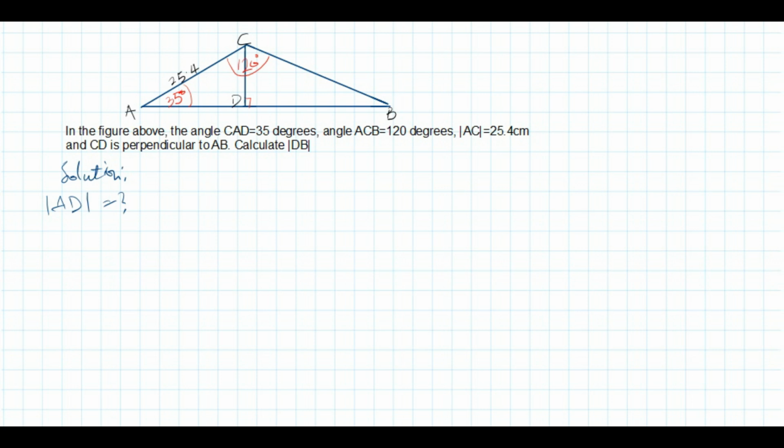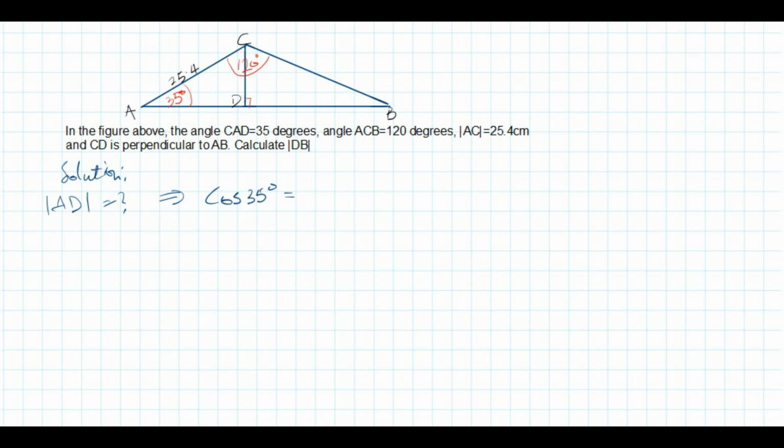So how do we calculate our length AD? We use cos. Cos 35 degrees will help us find our length AD. With the cos, what we are simply saying is adjacent over hypotenuse.